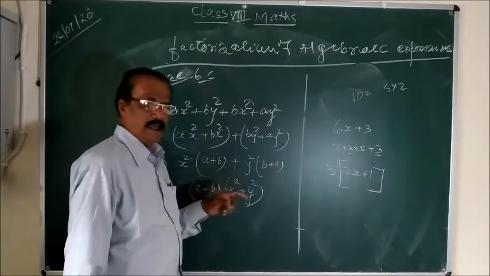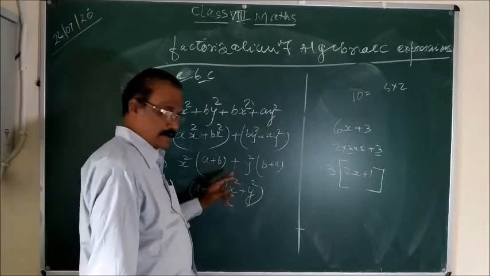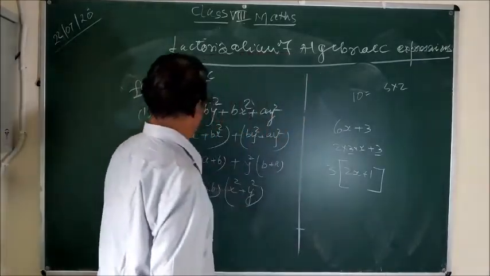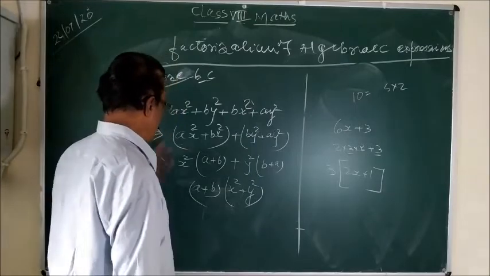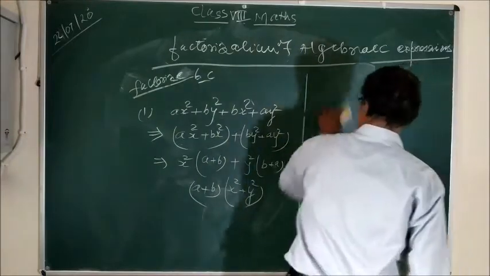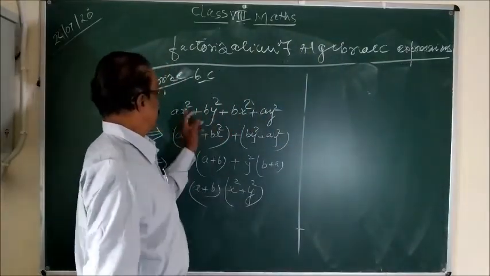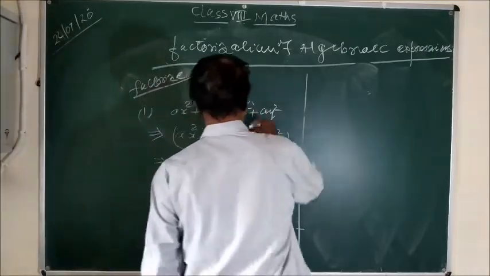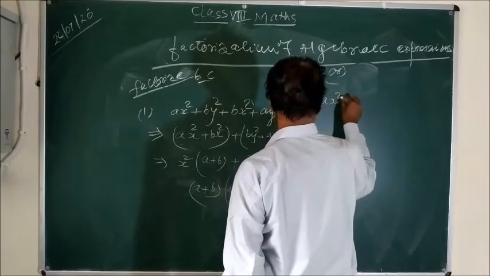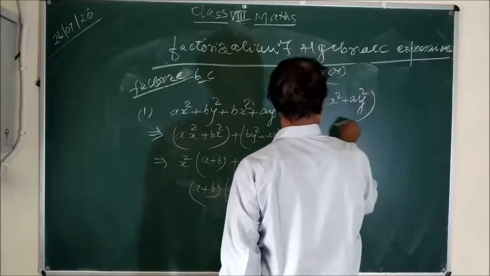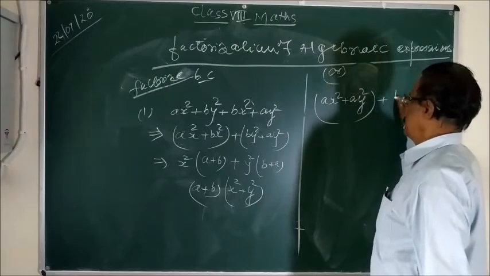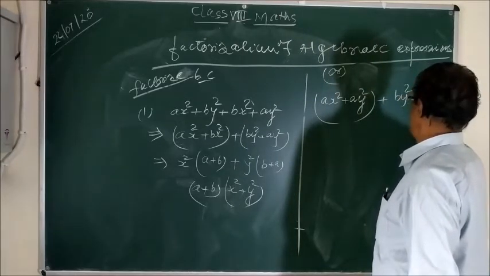And if you find the product of these two, if you multiply, you will get the given polynomial again. Now a question can arise: sir, what if we take a common factor in a different pairing? Let's see how it comes. If we solve it this way, ax square plus ay square, here also there is a common factor. So we are changing the group. Now you see this will be by square plus bx square.